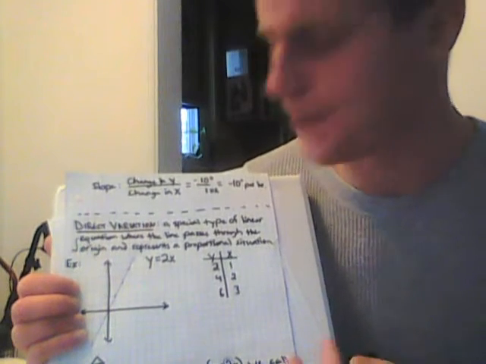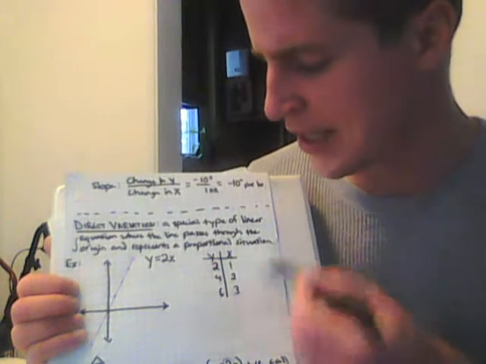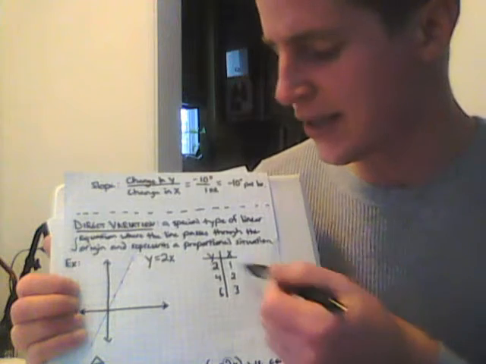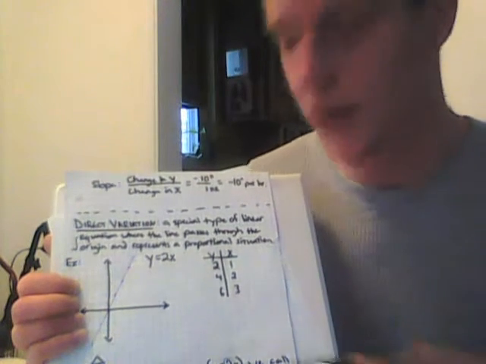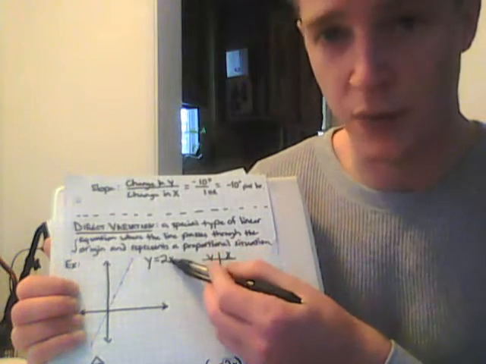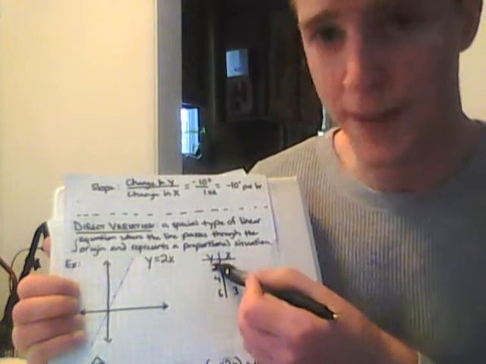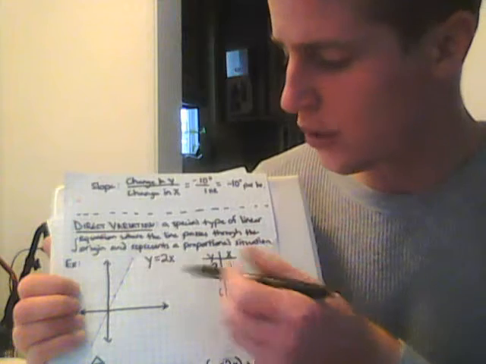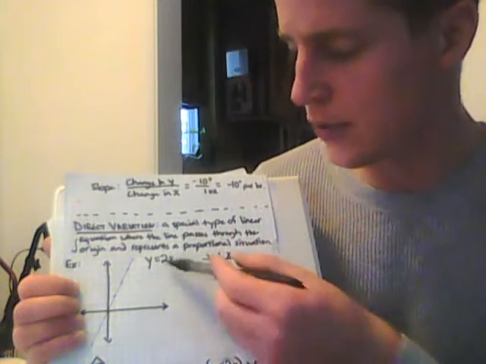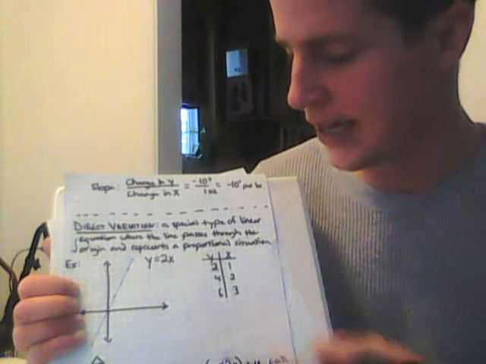We can determine that by setting up a t-table. And for some reason I have x's on the right side and y's on the left. But anyways, you can follow. So whenever x equals 1, substitute 1 in for x, y would be 2, right? When x is 2, y would be 4. When x is 3, 2 times 3, y would be 6.